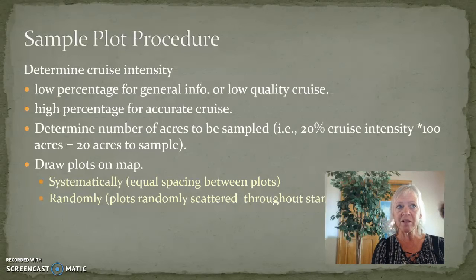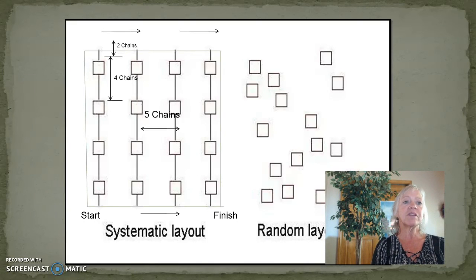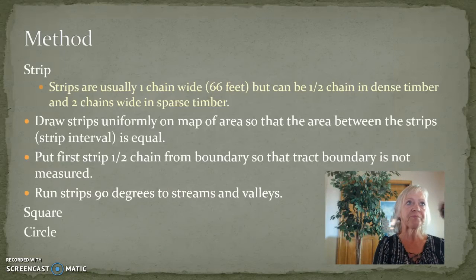You draw the plots on the map systematically with equal spacing between plots, or randomly, less used, randomly scattered throughout the stand. Here's an example of a systematic layout. This is what we use in our class. And to the right is the random layout, which can be used in certain circumstances.